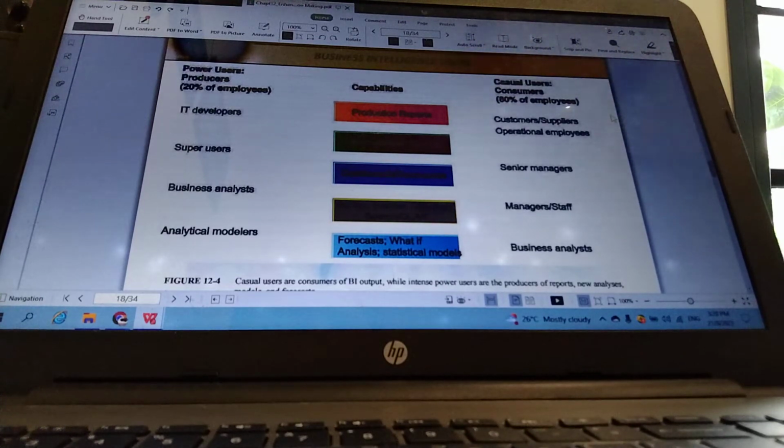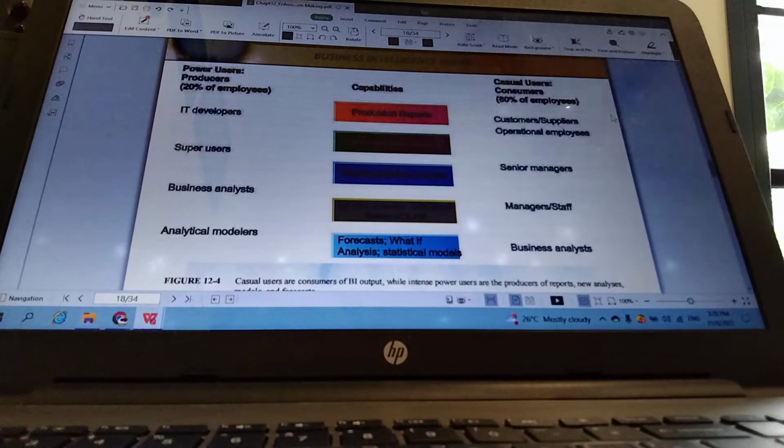And also business analysts, they will be capable in generating the dashboard or scorecard, or even sometimes ad hoc queries, drill down search or online analysis reports, either by the senior managers or staff, to assist them in the decision making process.